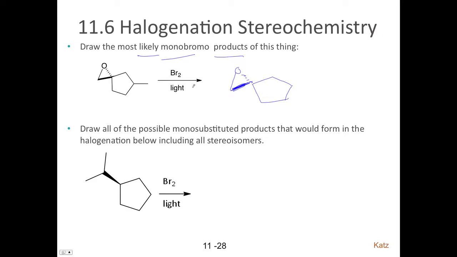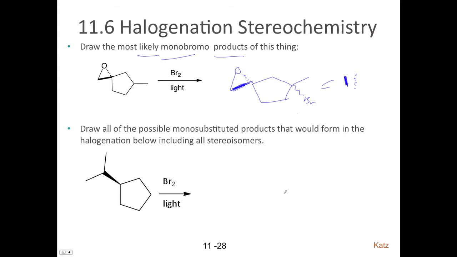My best guess is the bromine right there. The squiggle means, of course, this is either above or below the plane. We use a squiggle line to mean both the wedge and the dashed bonds.